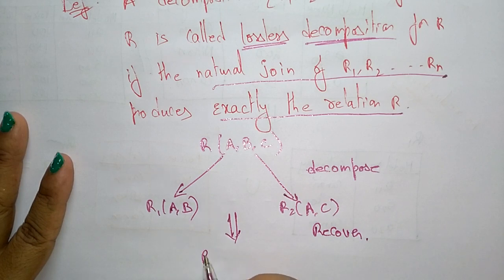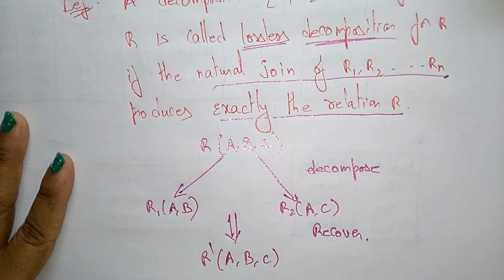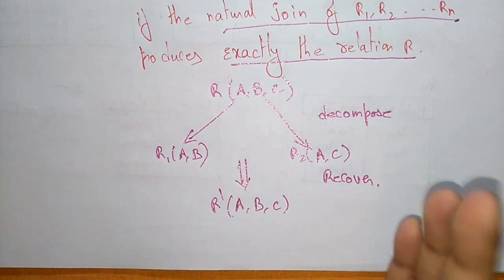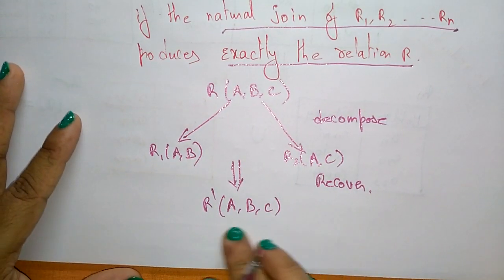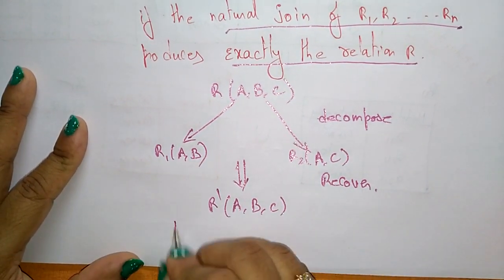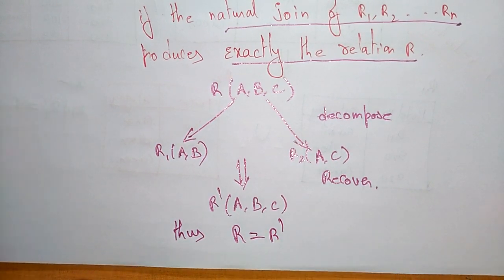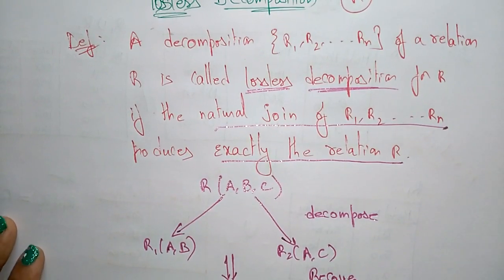The recovered one is R dash (A, B, C), which means it produces exactly the relation. After natural joining these relations, you will get the exact relation. Thus R is equal to R dash, then you can say this is a lossless decomposition.